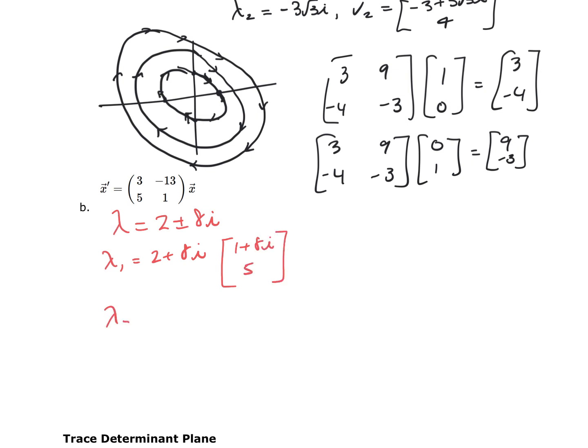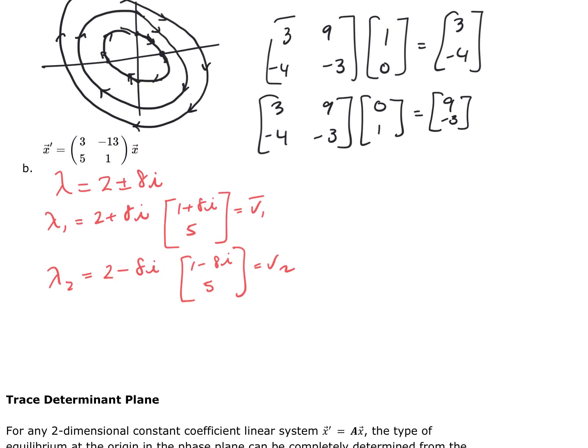My lambda sub 2, which is the complex conjugate, 2 minus 8i. Its vector that's associated to this, so this is v1, is going to be 1 minus 8i, 5. This is my v2. And once again, x sub 2, x sub 1. I am probably going to do some matrix multiplication and see where it's going.